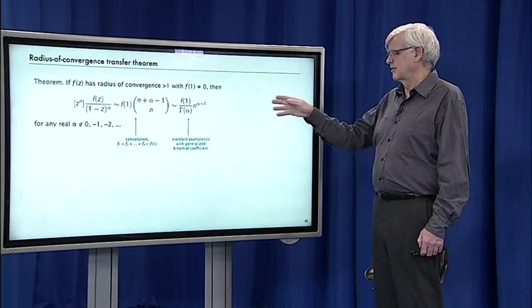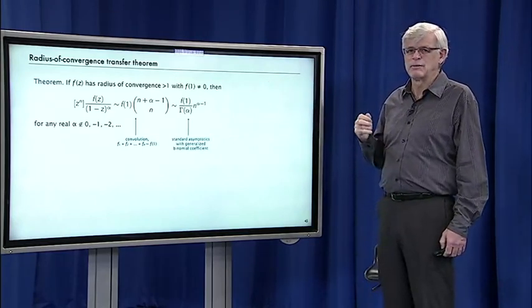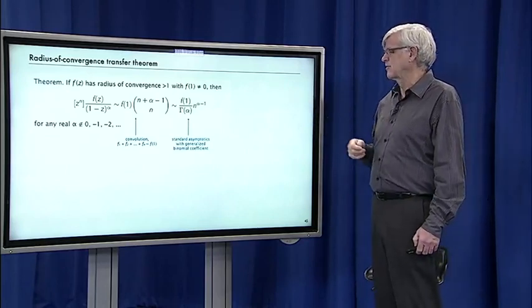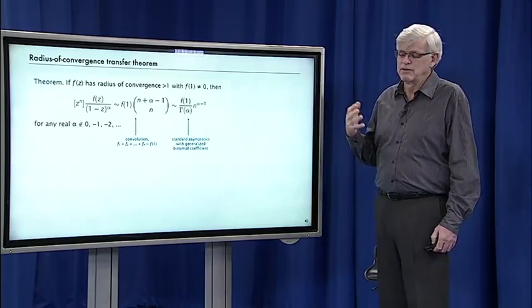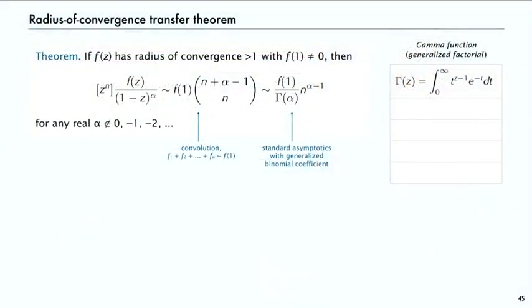And then the second part is standard asymptotics, just using the definition of the generalized binomial coefficient and the gamma function. If you don't know what the gamma function is, here's a real quick summary. It's a way to generalize the factorial function.